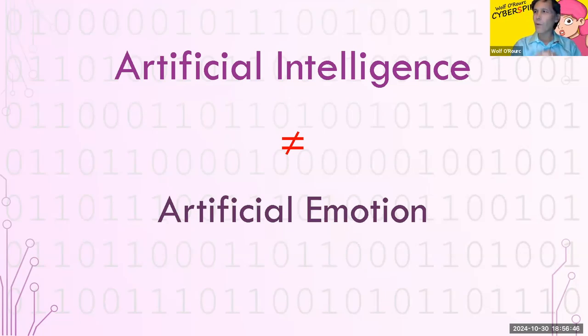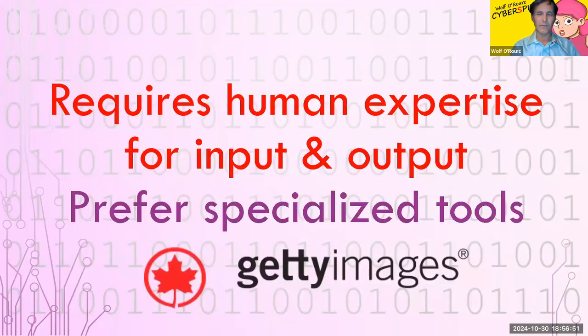You need to follow a few rules when you're dealing with AI and English. First, AI requires human expertise for the input and the output. If you don't get the beginning right, the prompt as it's called, you're not going to get good output, and you're going to have to check the output and probably do some rewriting. If you don't want to deal with this all by yourself, get specialized tools.